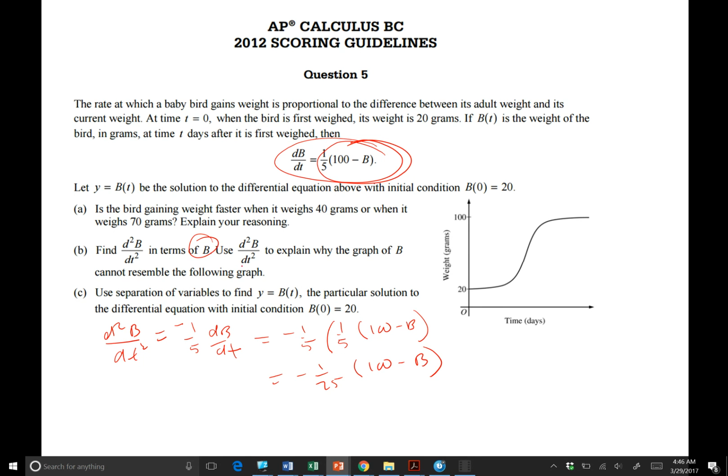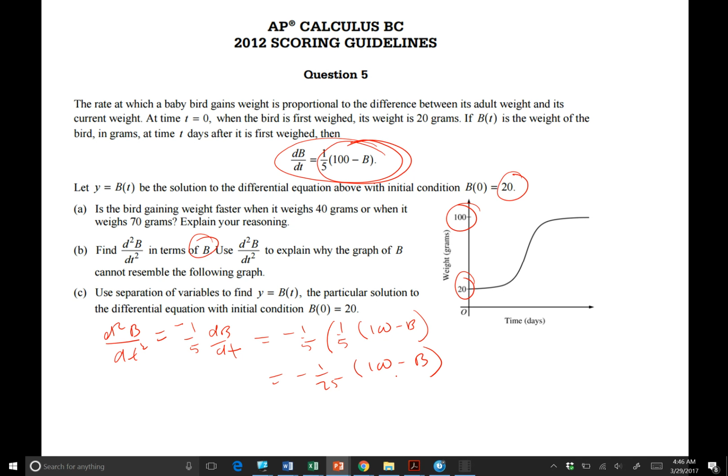It wants me now to explain why this can't resemble this graph that we have over here. And what this is saying is no matter what I put in for b, especially since the initial value is 20, and it has to be between 20 and 100 according to the graph, I know that this part in here is never going to go negative.